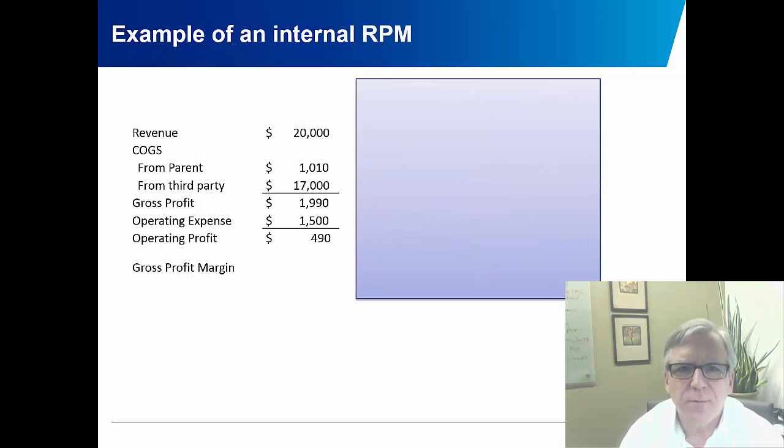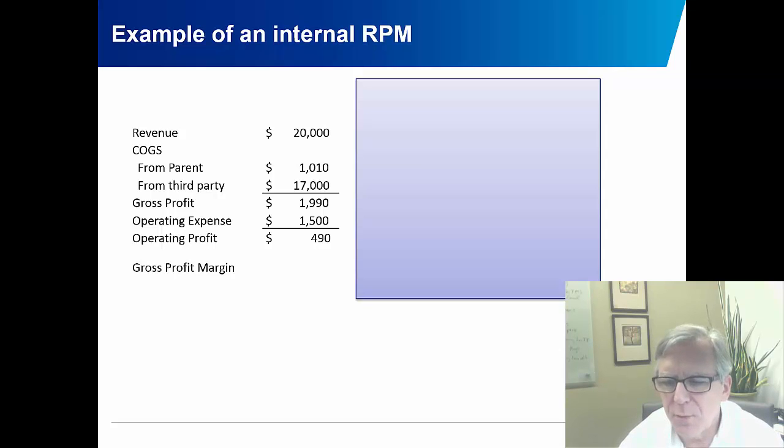So let's start off with this transaction. It's an internal, we can think of this as a distributor. And this is the P&L before we've done any kind of separation. But we can see that the tested party here, or the distributor in this case, can identify the COGS that they're paying to the parent versus the COGS that they pay to the third party.